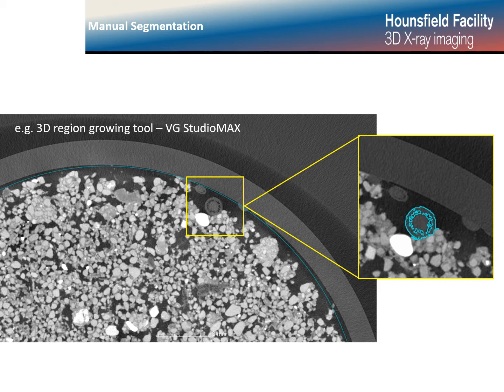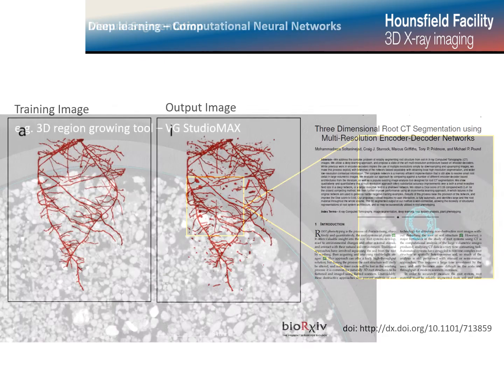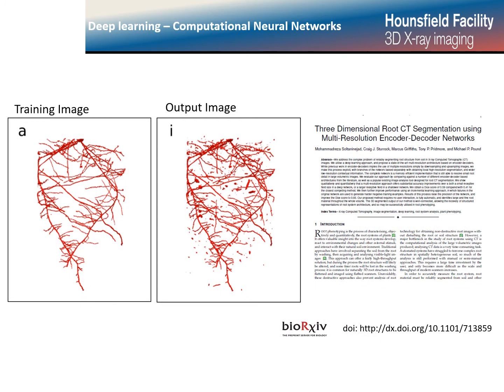To actually identify roots, we use a variety of approaches, including tracking, and more recently we've started to adopt the use of deep learning based approaches in a recent paper by my colleagues Mike Pound and Tony Pridmore.